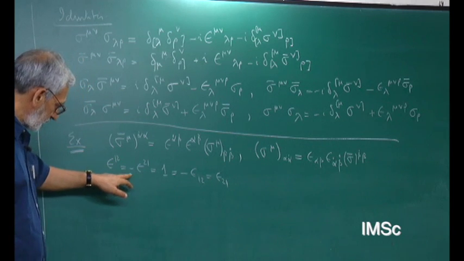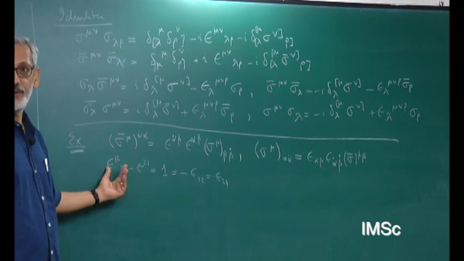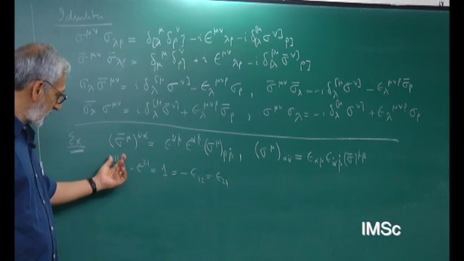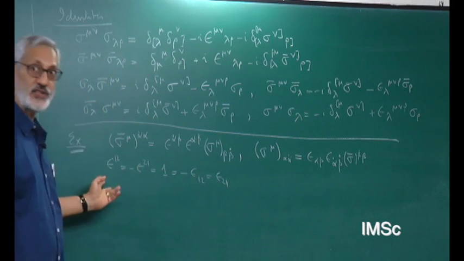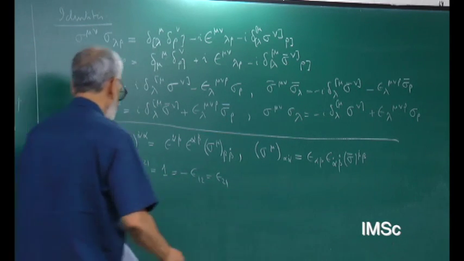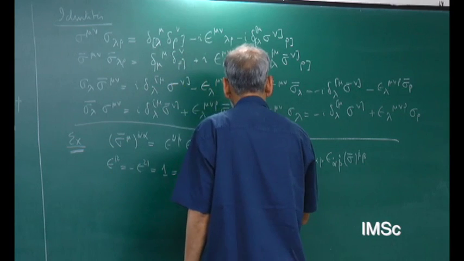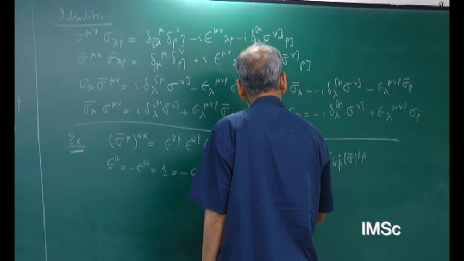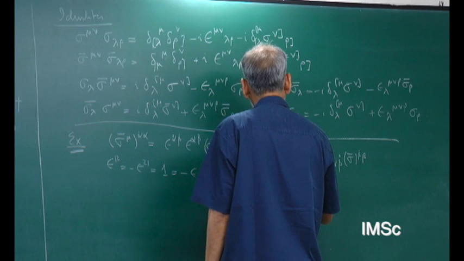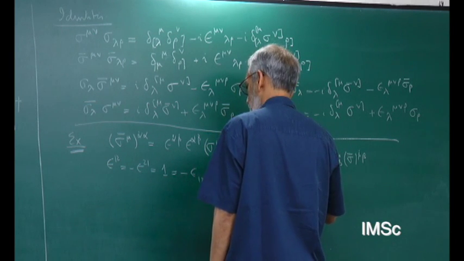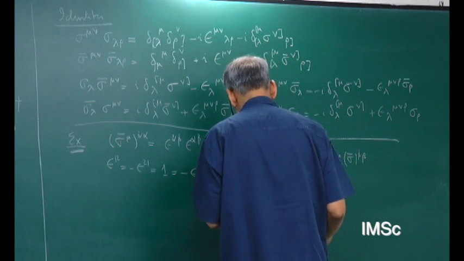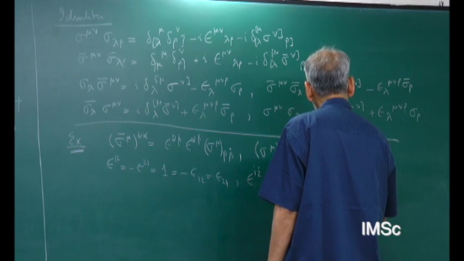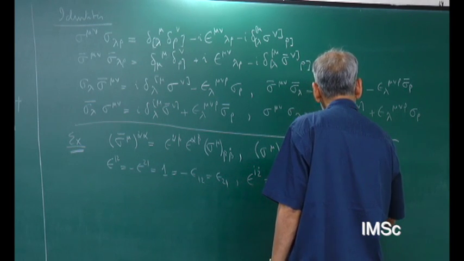So epsilon alpha beta is an antisymmetric 2 by 2 matrix. Up and down are each other's inverse. Similarly for dotted ones.